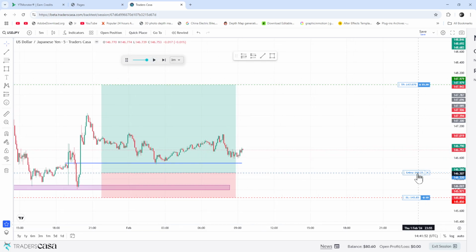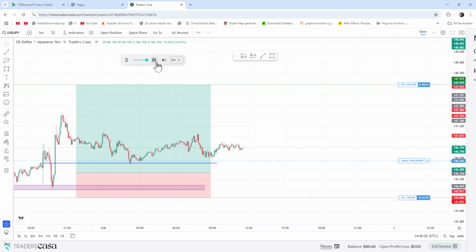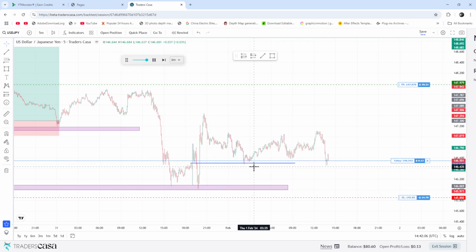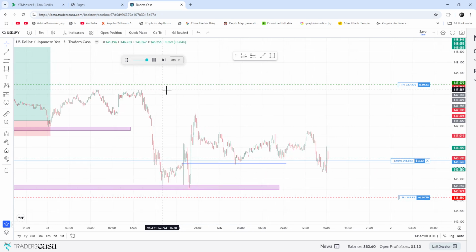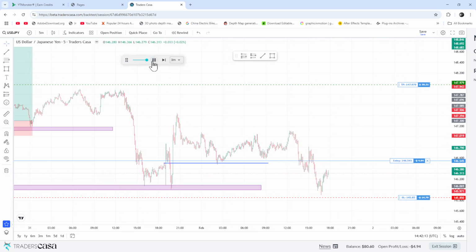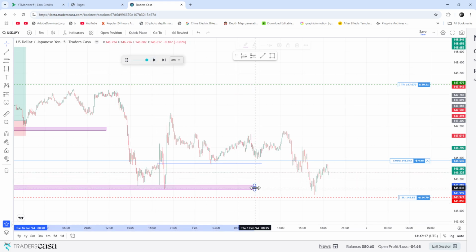I think it will be wise for me to buy here, risking $14 this time. Let's see if market will ever come back to that area. Boom, it has come, and it's going down like that. I think this is like swap of liquidity, I guess.